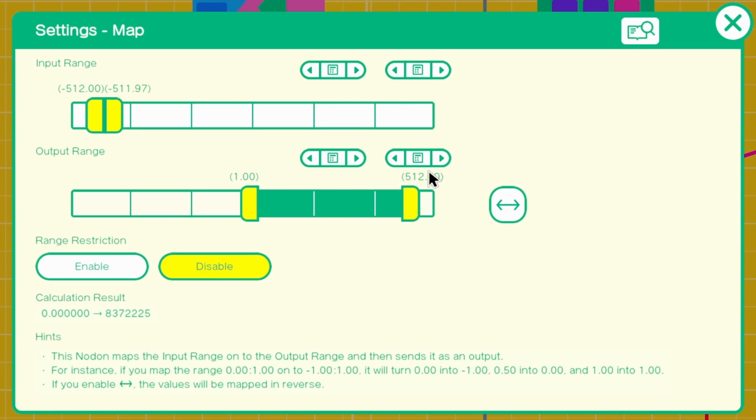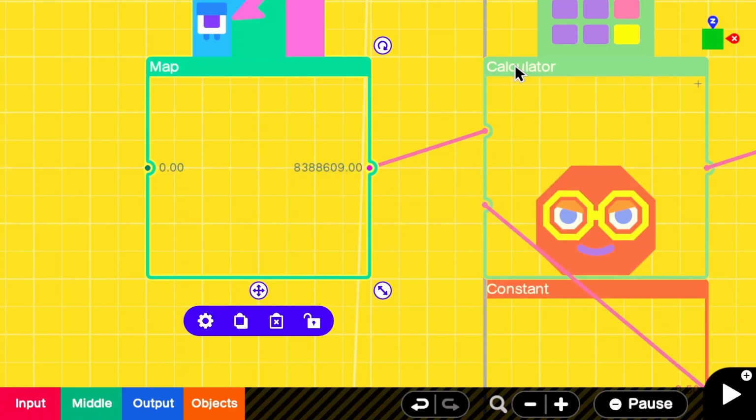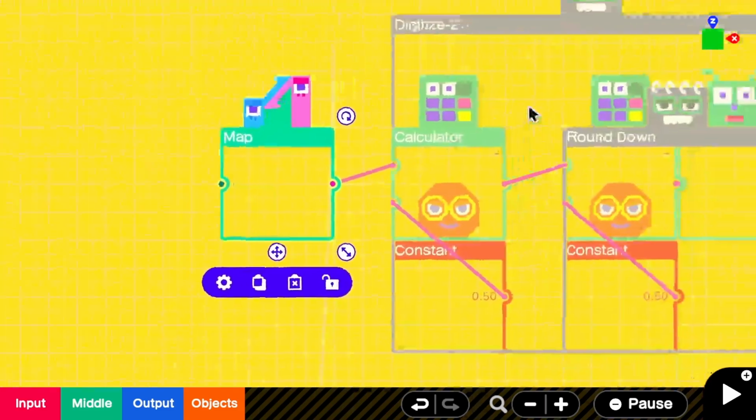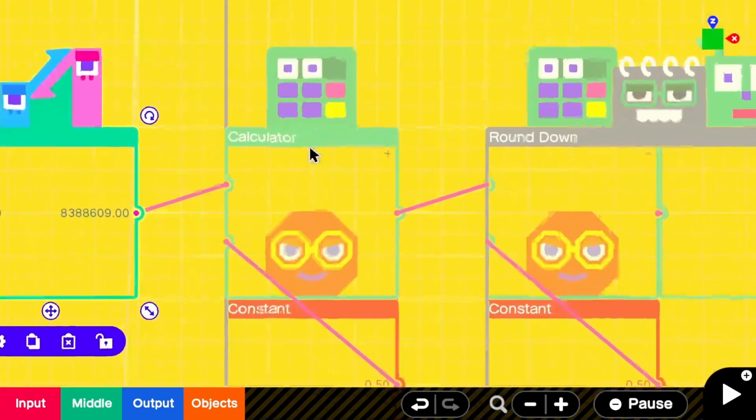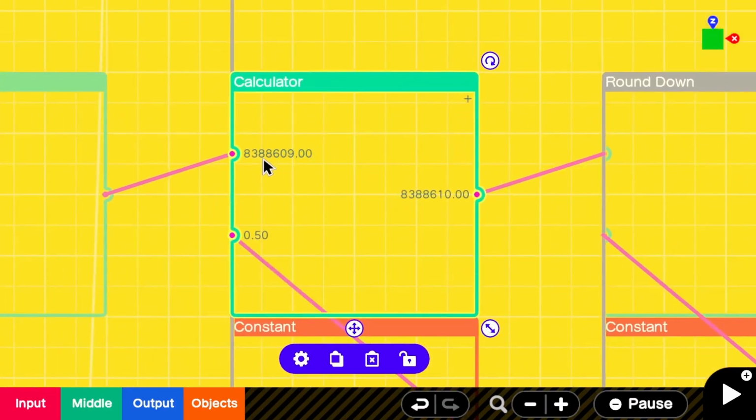But now let's see what happens if we change this number to 8388609. Here I just offset it by 1. What happens is we're doing the same thing. First we add 0.5, but now something weird happens. You have 8388609 plus 0.5 becomes 8388610.